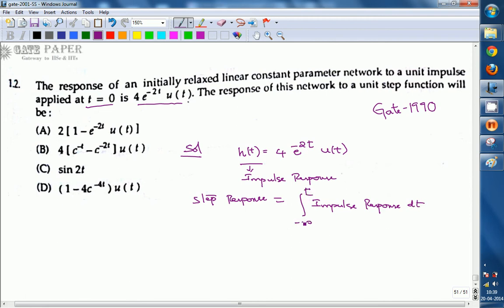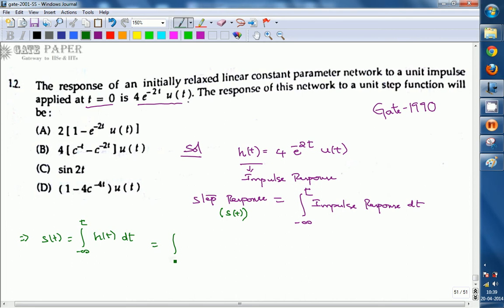By using this concept, we will find the step response that is represented with s of t. So s of t is obtained by taking the integration over minus infinity to t of h of t dt.